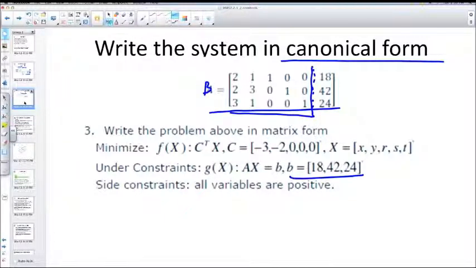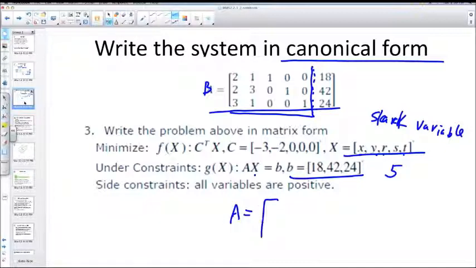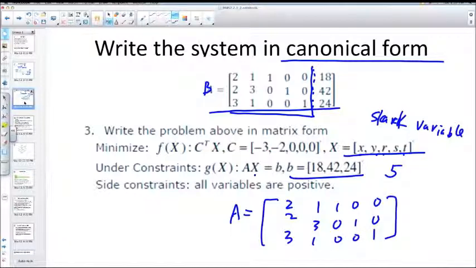And in Ax, x now has 5 variables. The original x, y are the original variables. R, S, T are the 3 slack variables. And then you totally have 5 variables. Now this A is really this. What is the dimension? It's a 3 by 5 matrix.